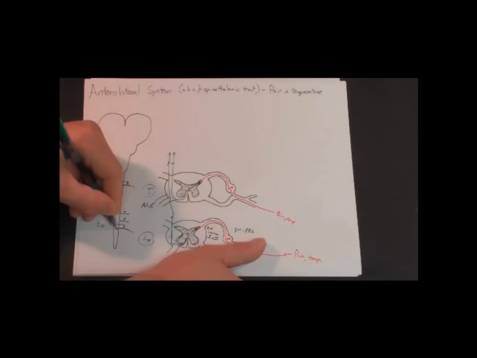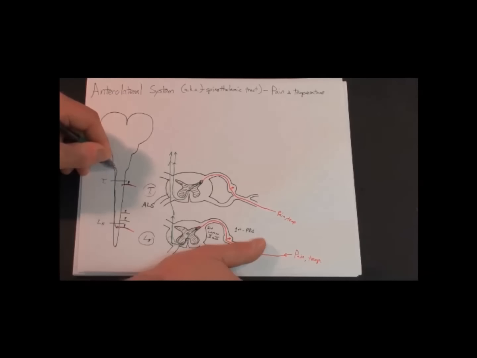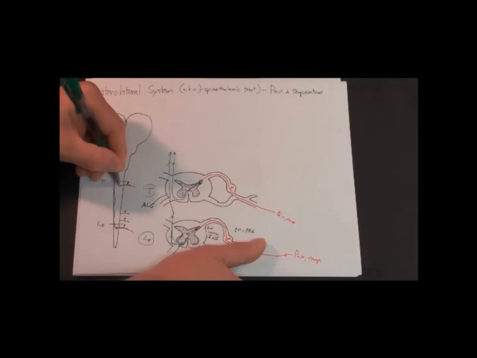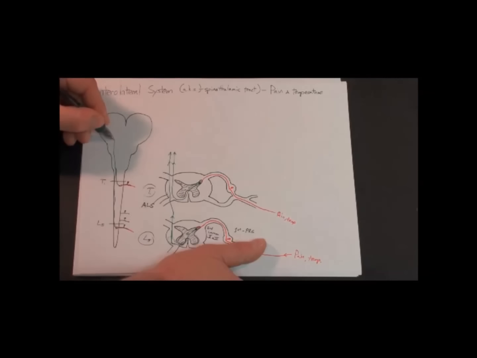And as soon as it synapses, these guys decussate and ascend in the anterolateral portion of the spinal cord. Same thing happening right about here. And they're going to ascend all the way through the medulla, the pons, most of the brainstem, until they get to the thalamus.